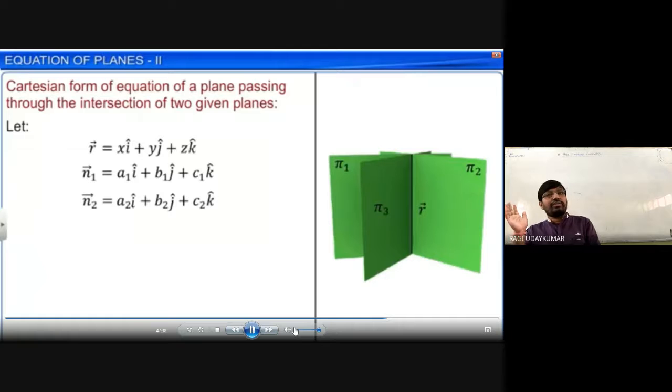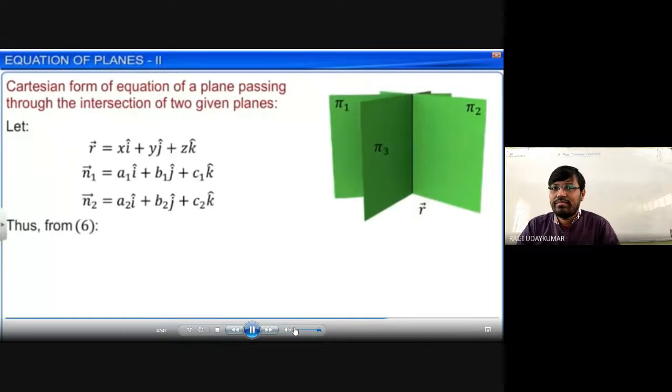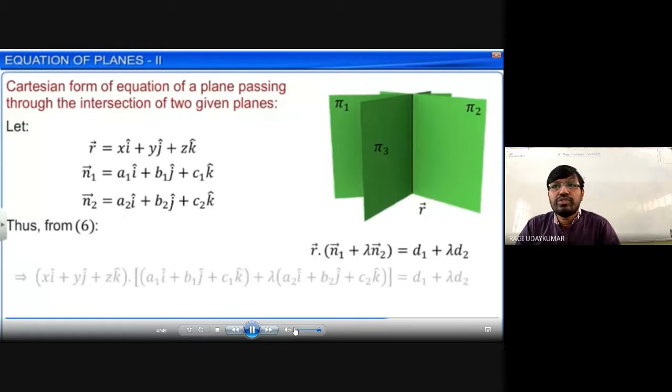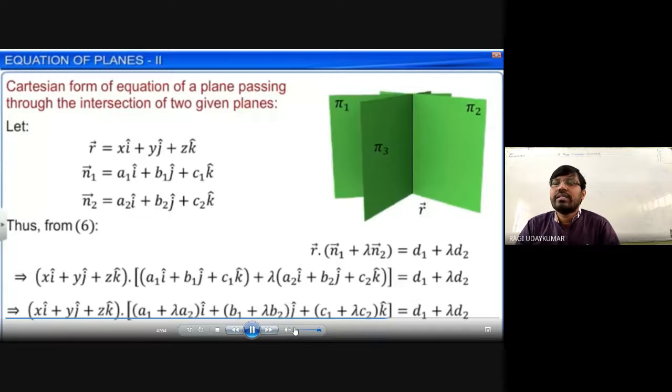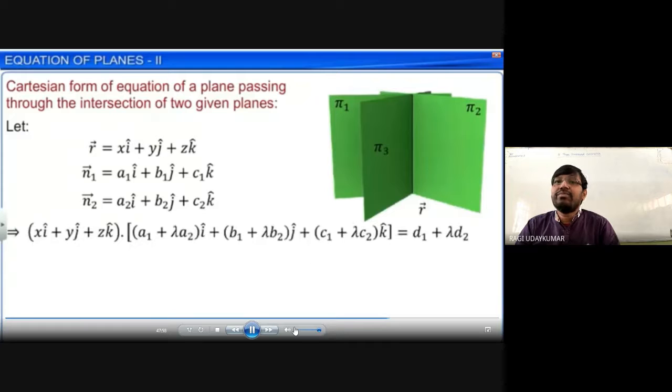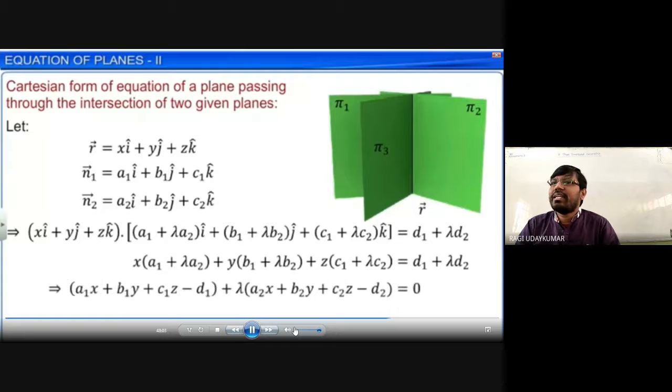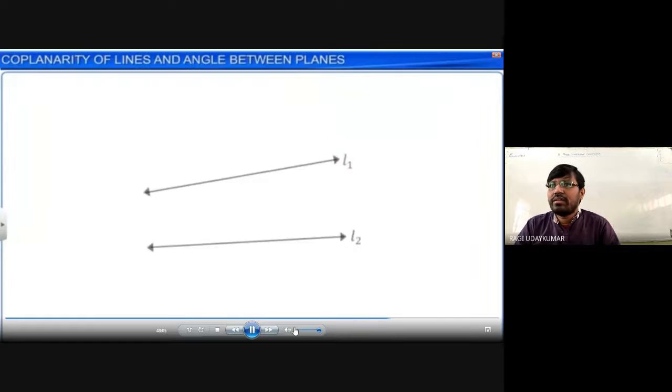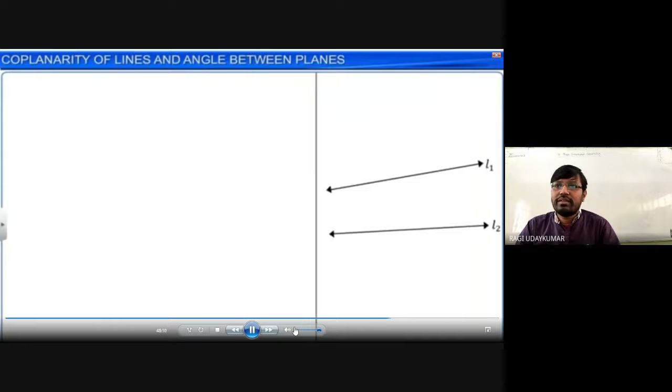See, a1x plus b1y plus c1z is equal to d1, and a2x plus b2y plus c2z is equal to d2 will be given. So if you substitute the equations of the planes in Cartesian form, you are going to get this one, a1x plus b1y plus c1z. I will explain that point to you very clearly on the board while solving the problems.